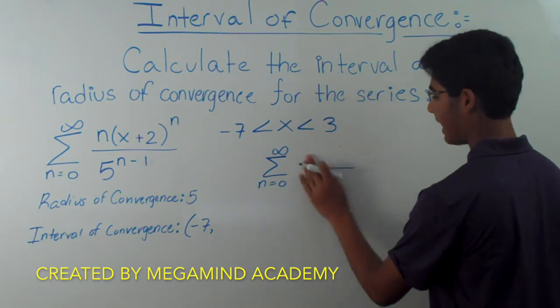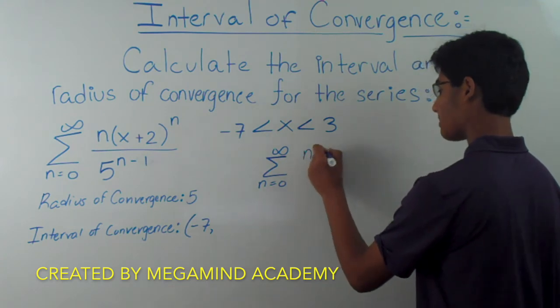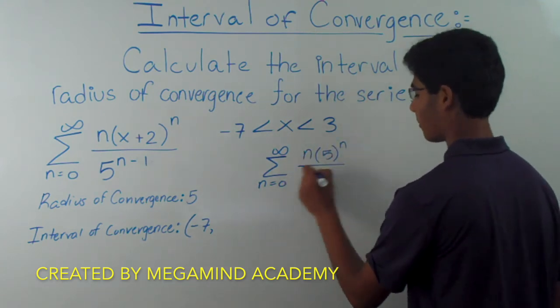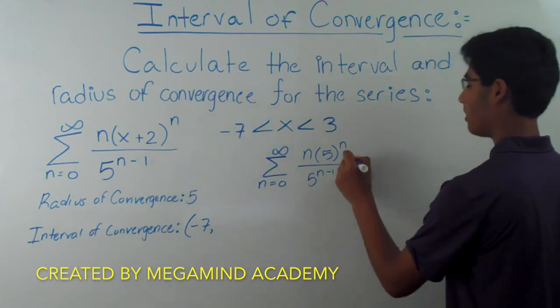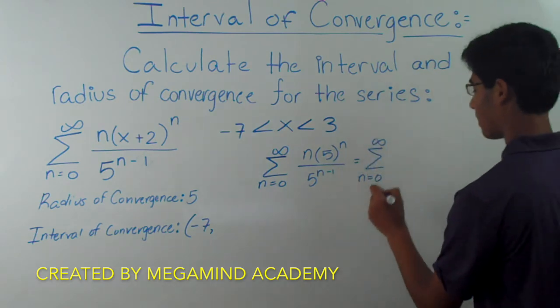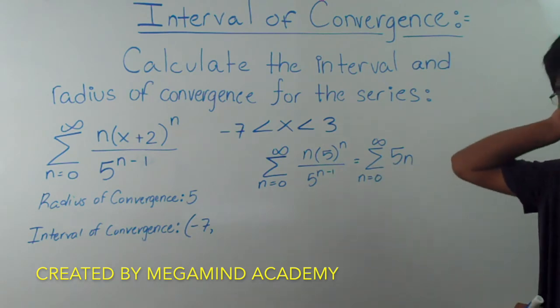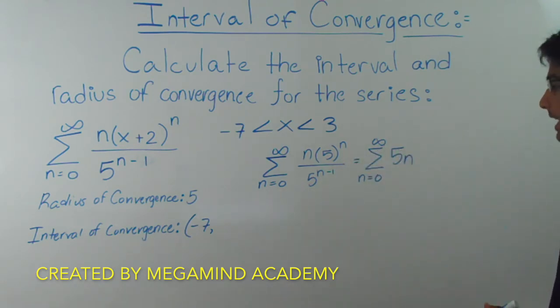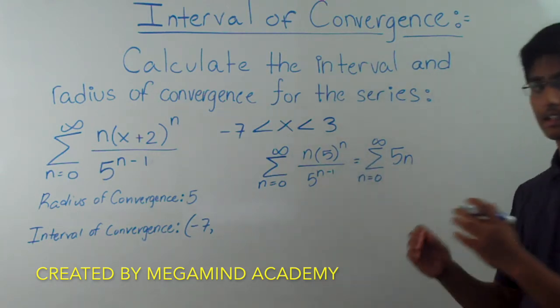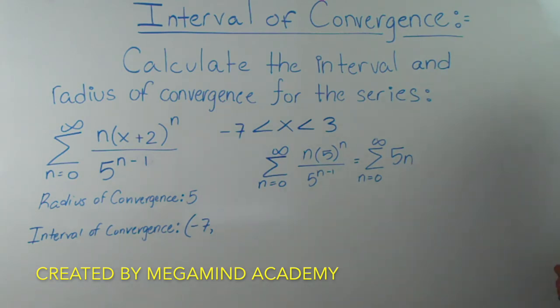So we're left with 5n, which is equal to the series from n equals 0 to infinity of 5n. Because we have 5 to the n over 5 to the n minus 1, which is equal to 5 to the n minus (n minus 1), which is equal to 5 to the first power.